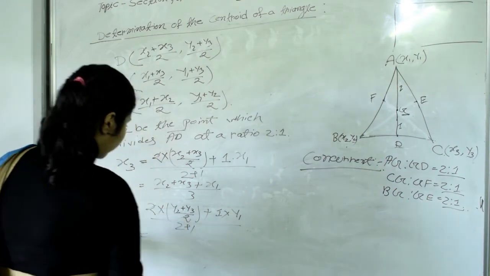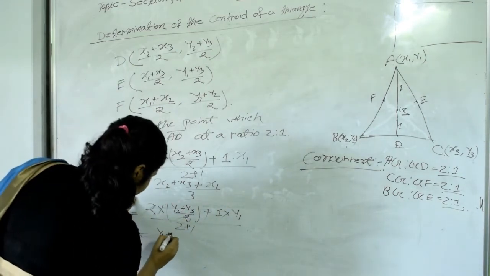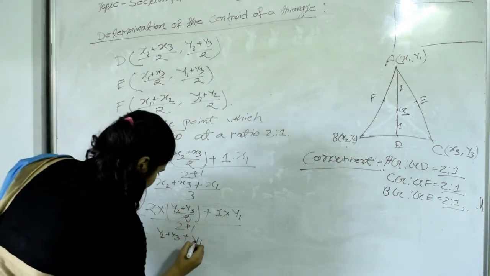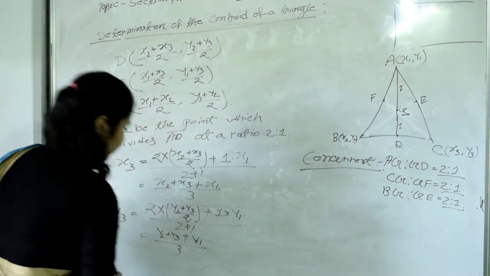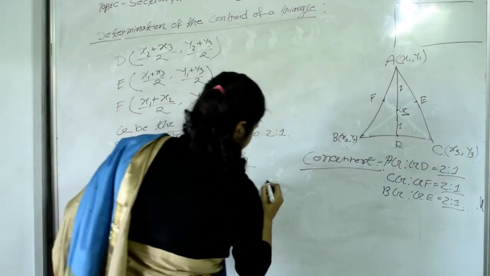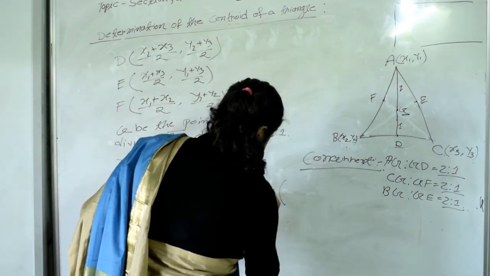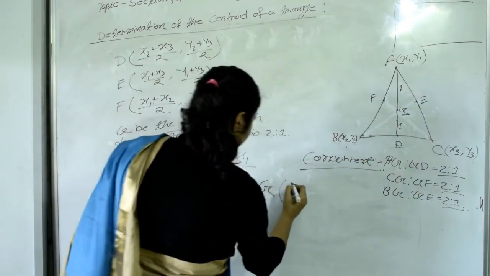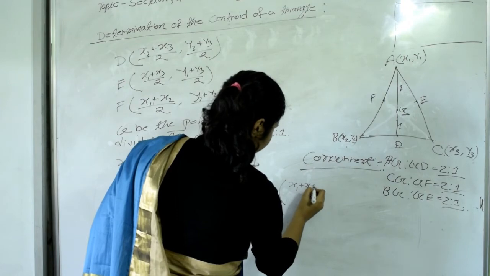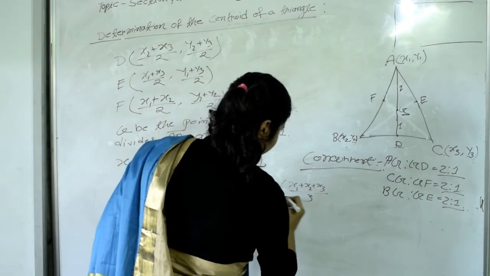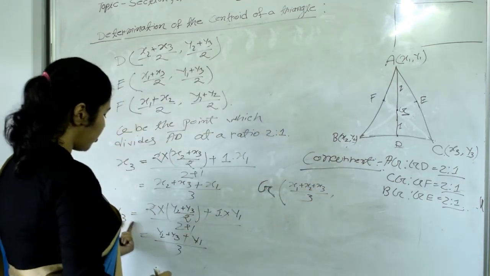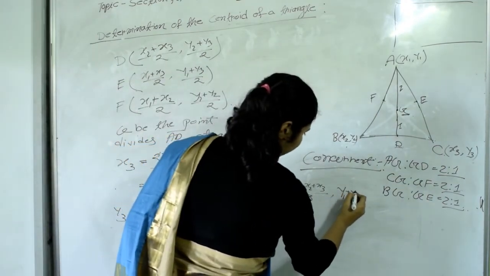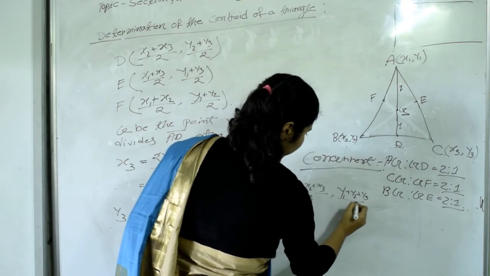So again cancel 2 2, we will get y2 plus y3 plus 1 into y1, which is y1 by 3. So from here you can say that the coordinates of the point G are x1 plus x2 plus x3 by 3, and ordinate of the point G is y1 plus y2 plus y3 by 3.